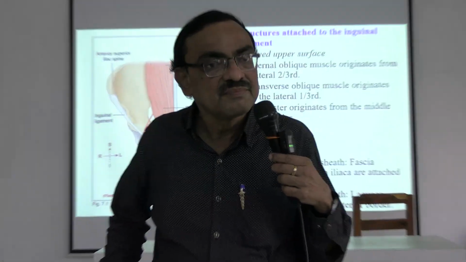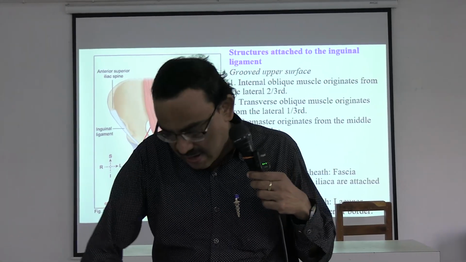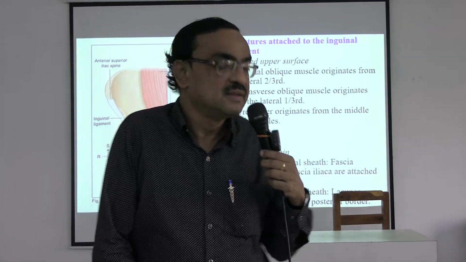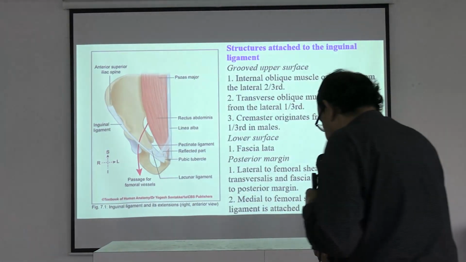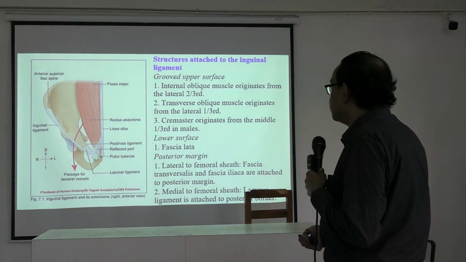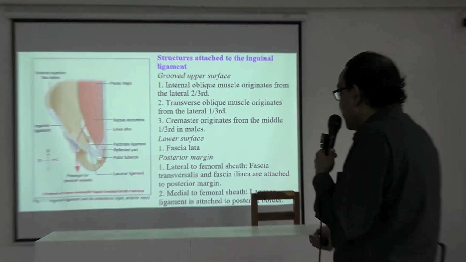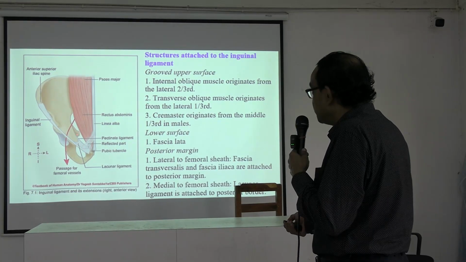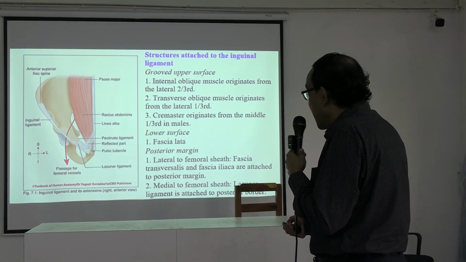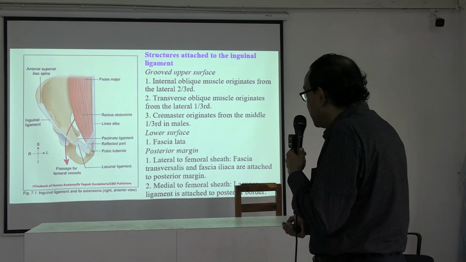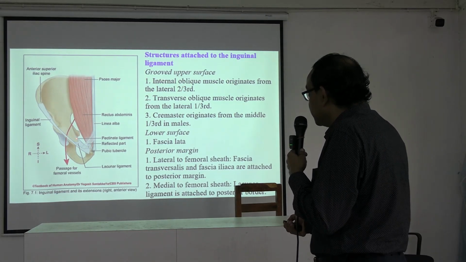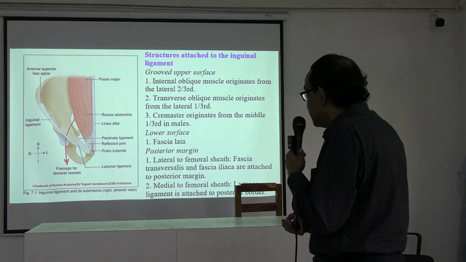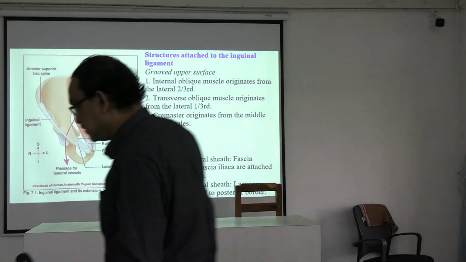One is the inguinal ligament, another folded part is forming the lacunar ligament, whose apex is attached to the pubic tubercle and base is free, and you can see there are two lips, outer lip and inner lip, and the inner lip of this ligament is continuous along the pecten pubis.